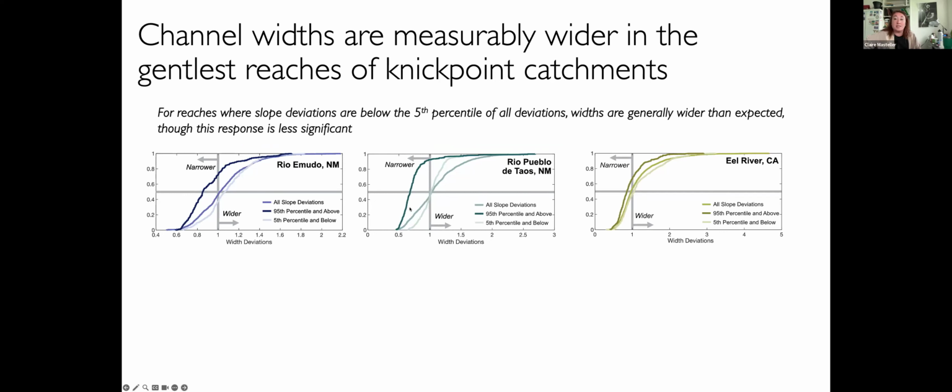Yeah, so that's a great question that I'll answer in two parts. Before we get to meandering, thinking about tipping points at an individual cross section, what we find is that it's easy to make the bed stronger, but it's pretty hard to make the bed weaker.